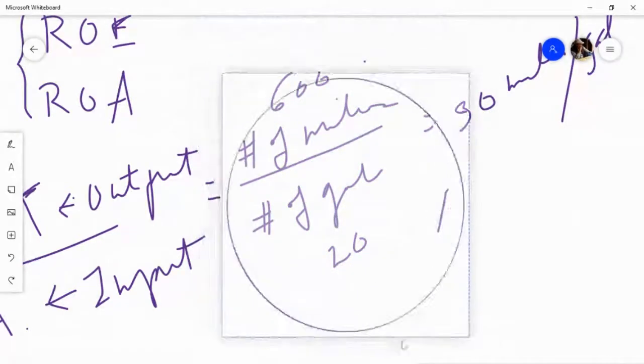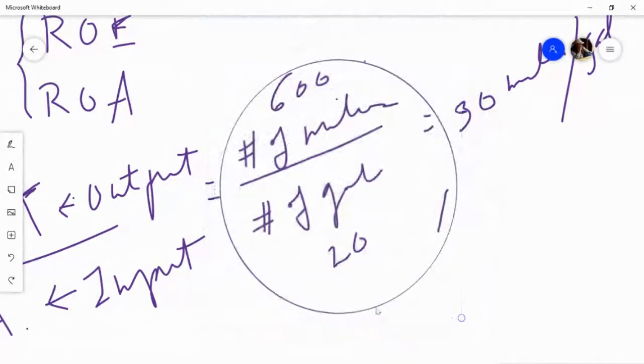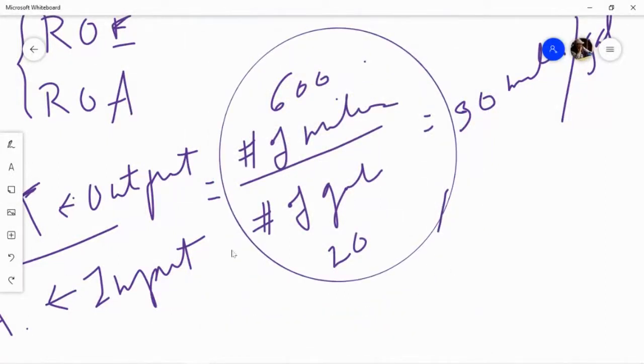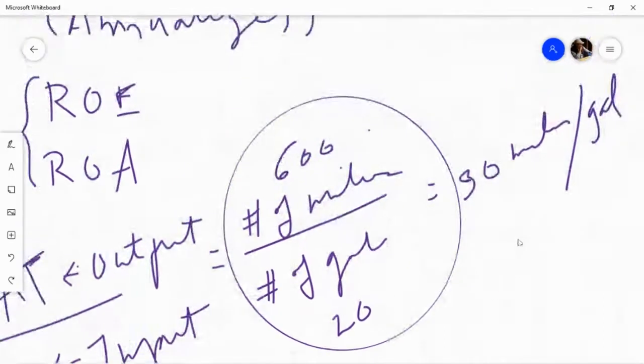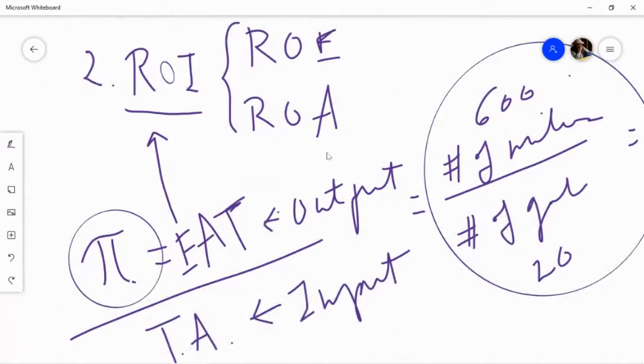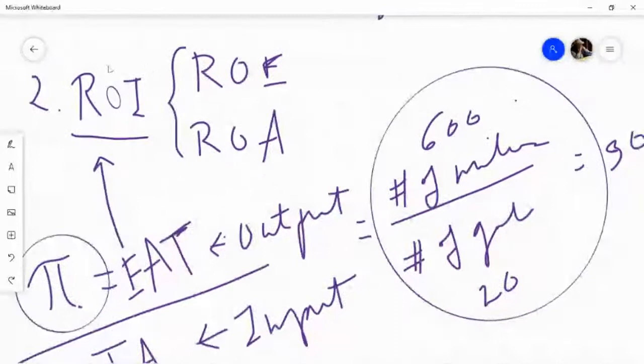Therefore, return on assets and return on equity are basically output to input ratios.